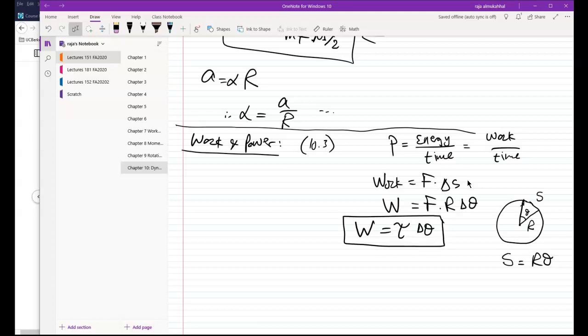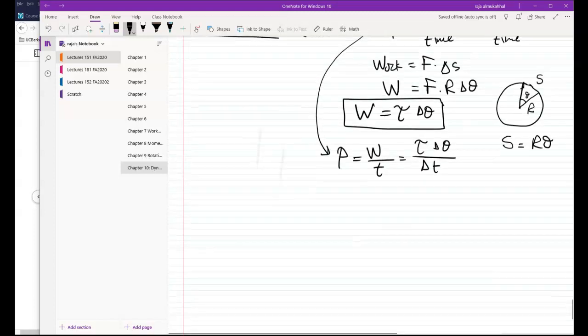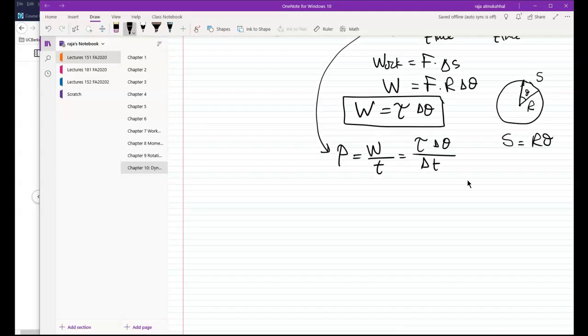Okay? Now we know that. Let's go back to the power formula. We know that power is equal to work over time, but work is tau delta theta over delta t. Well, what is delta theta over delta t? Go back to chapter 9. Delta theta over delta t, if you remember, is omega.